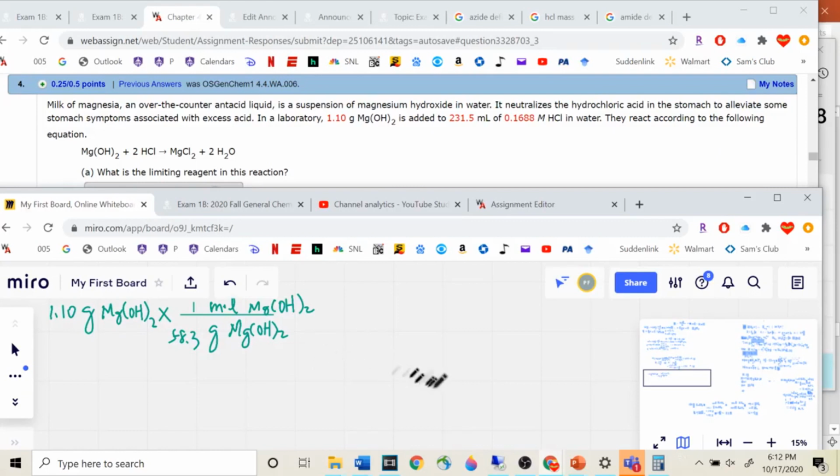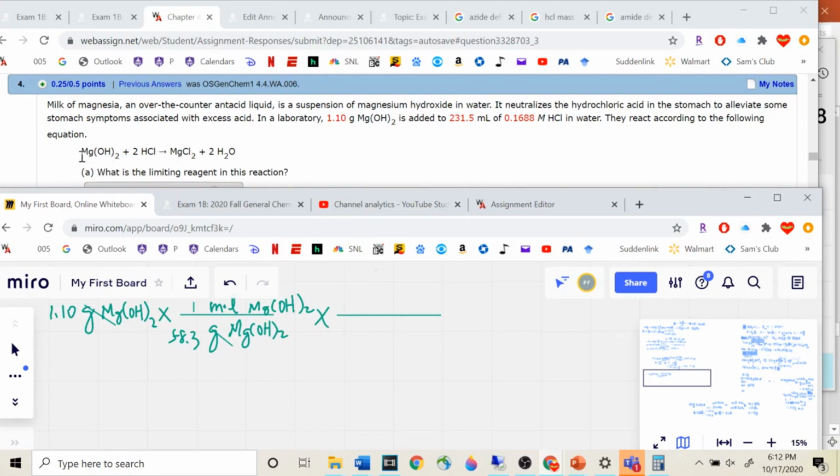So according to guideline number 1, we need to convert to the mole amount. Now you see grams and grams are cancelled. We have the mole amount of magnesium hydroxide. We need to convert that to the moles of the desired product, which in this question is magnesium chloride.